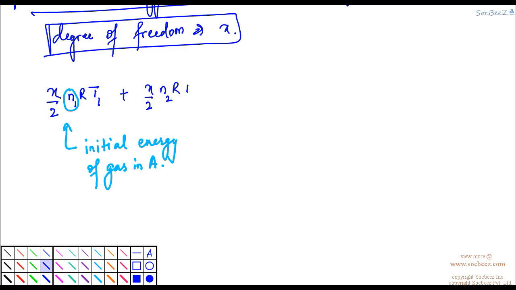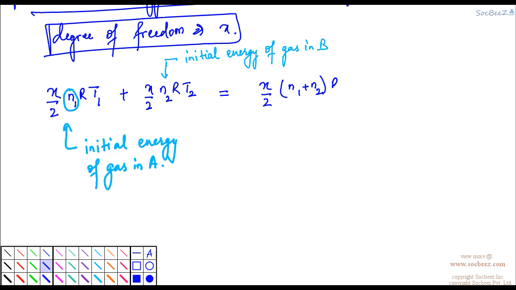Similarly, X by 2 into N2 RT2 would be the initial energy of gas in B. When they are mixed, both would have the same temperature, the degree of freedom would be the same, and the moles would basically be added up.